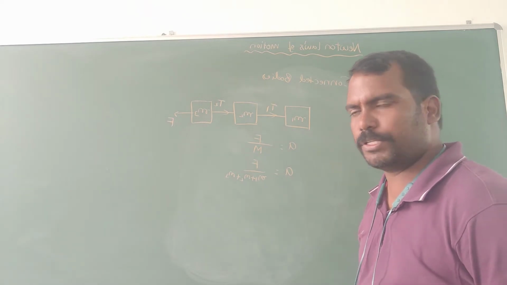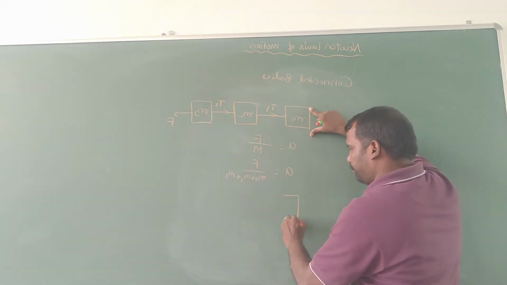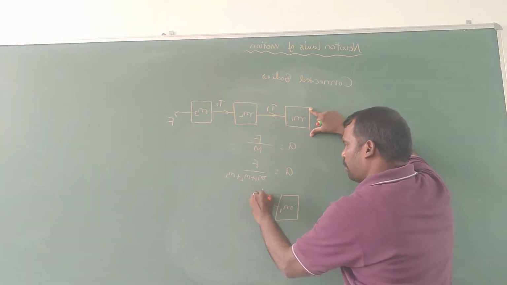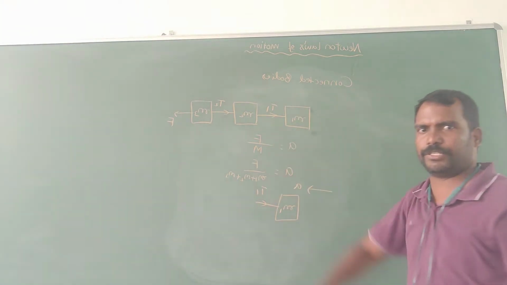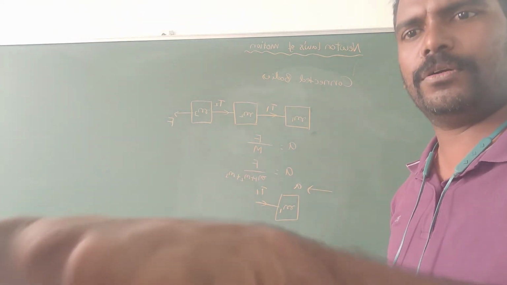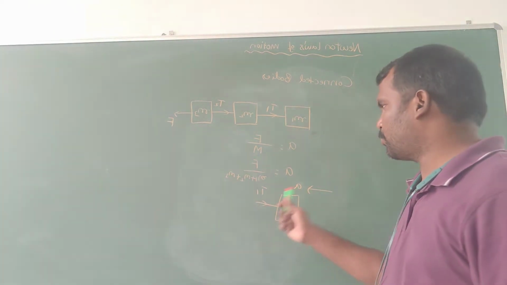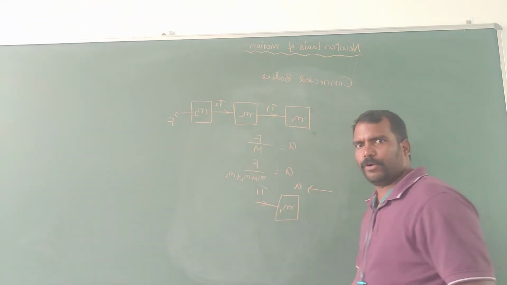For the easy method, I am assuming only the m1 block alone. On m1, tension T1 is acting, and the total system is going in this direction with acceleration a. Now, according to the free body diagram, what is a free body diagram?